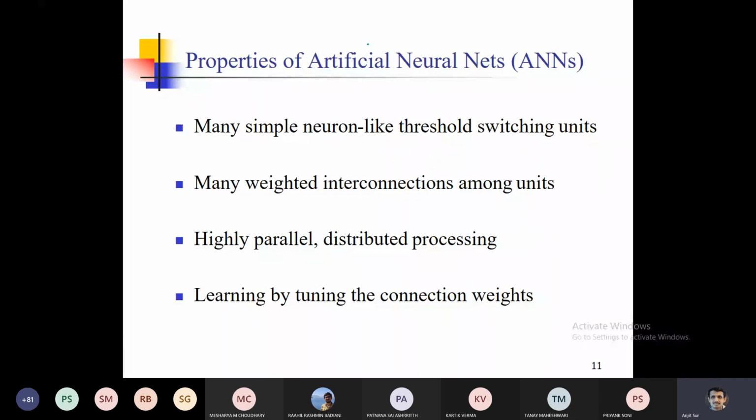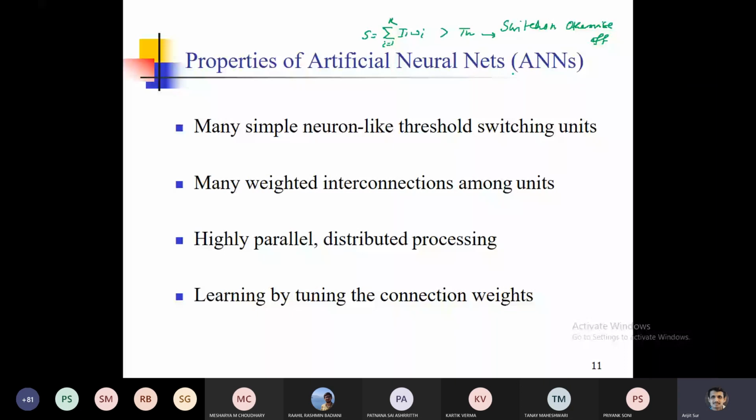If this particular summation S of Ii Wi, i from 1 to K, is greater than some threshold, then the switch is on, otherwise off. So the threshold switching is in that sense.